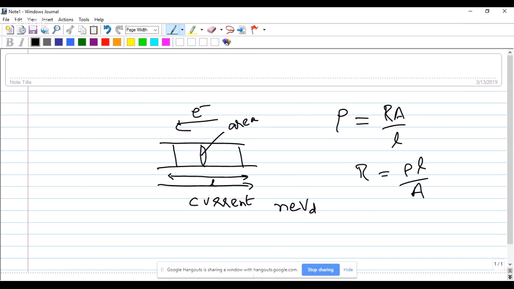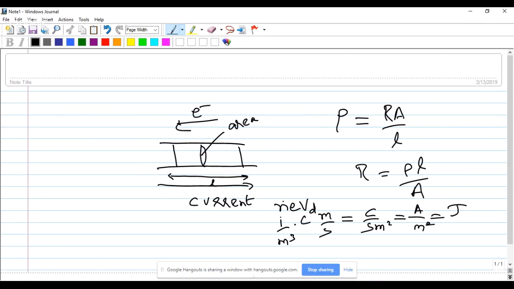So n times e times the velocity is nothing but the charge that is moving per unit area. So if you look at the units, n has units of 1 over meter cube, e has units of coulomb, velocity has units meters per second. So this will have units of coulomb per second per meter square. So coulomb per second is ampere, so that is your current. So amperes per meter square, which is your current density.